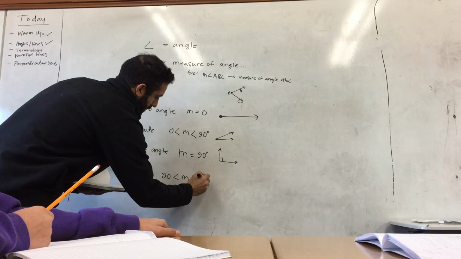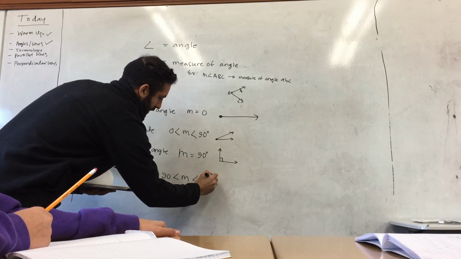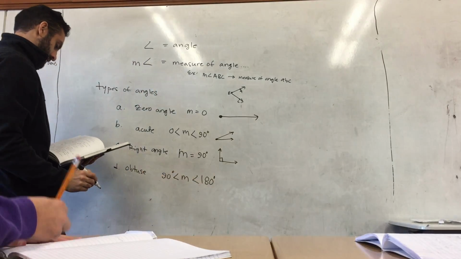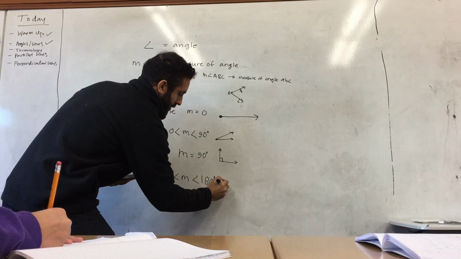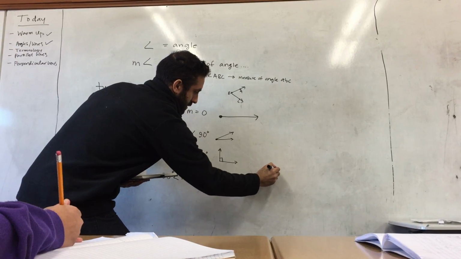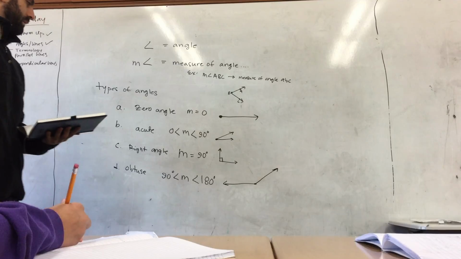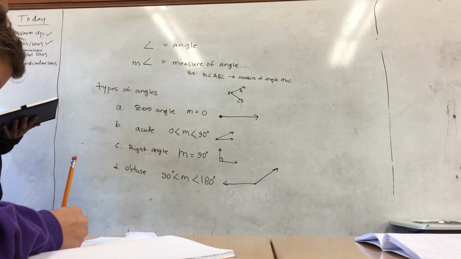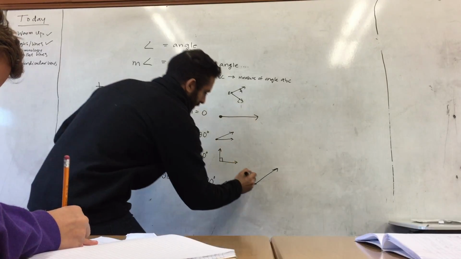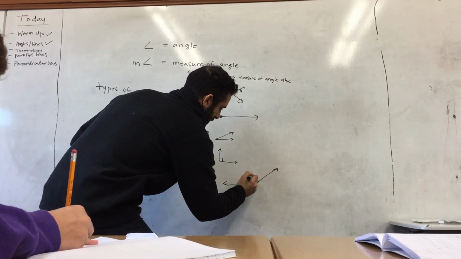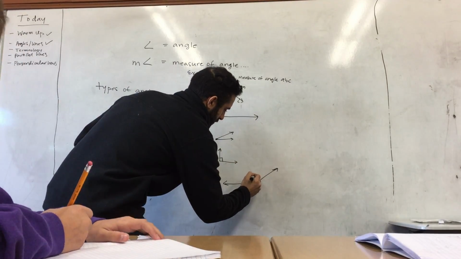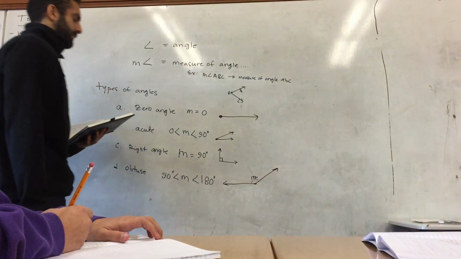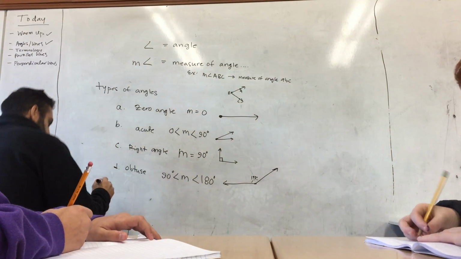And less than 180. For an obtuse angle, it's important to define it as less than 180. So it's something like this. It could be 143 degrees or something, and that would be considered obtuse.